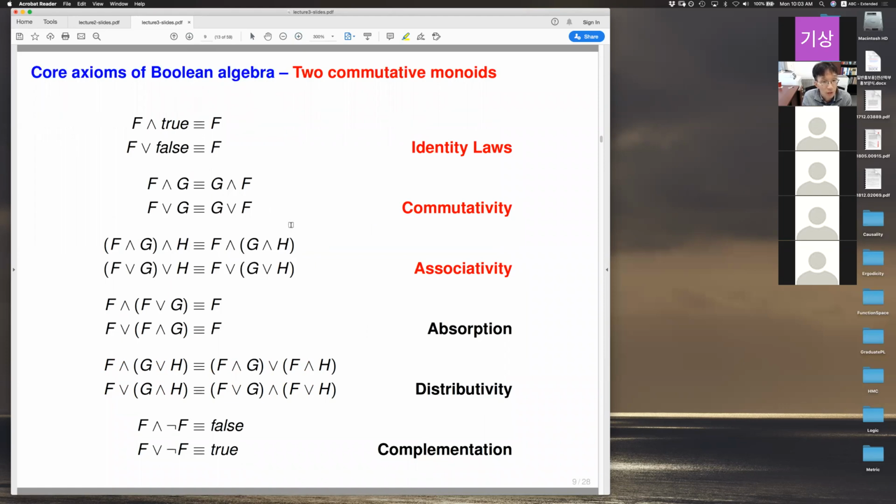I don't know how many of you have heard about monoids, but you may have heard about groups. A monoid is a set with a binary operation and a unit. The binary operation works like the plus operation for natural numbers. It satisfies associativity, and a commutative monoid also satisfies commutativity, and the constant serves as a unit.